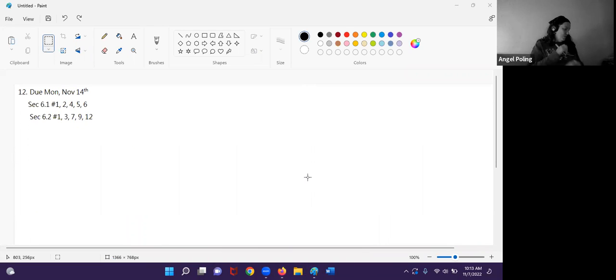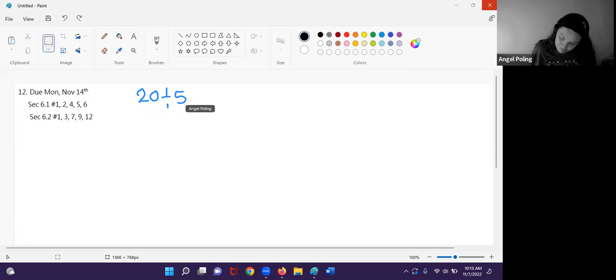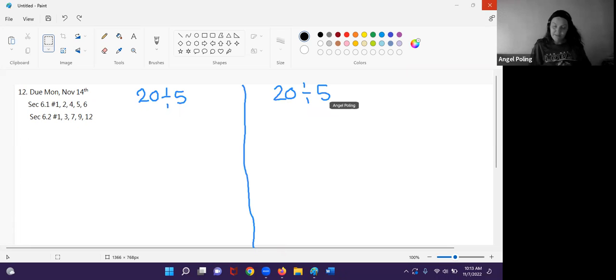Okay, so we'll look at a same numbers, different situation thing, like a quotient that's 20 divided by 5. And we'll try to represent it in the 2 perspectives, right? One interpretation was how many groups.